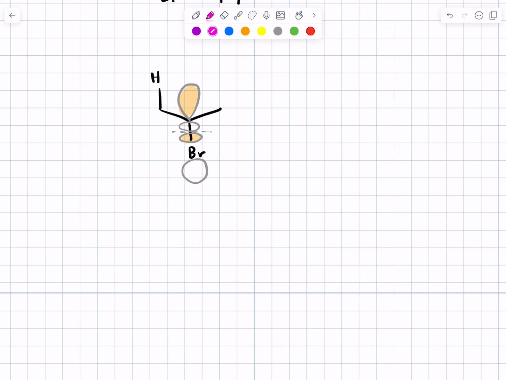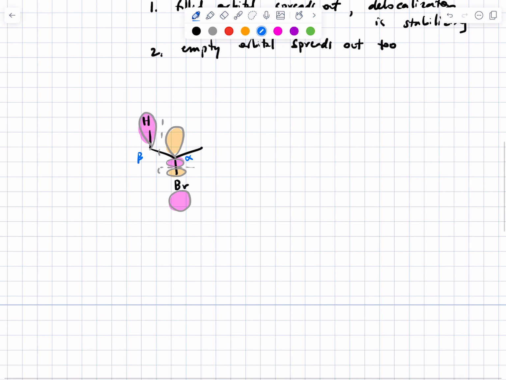So I'm drawing now the orbital that we get from hyperconjugation. This is that minus high energy combination. This is the LUMO, and this drawing shows us that the LUMO is both on the alpha carbon and on the beta hydrogen. So let's show what the consequences of both these things are.